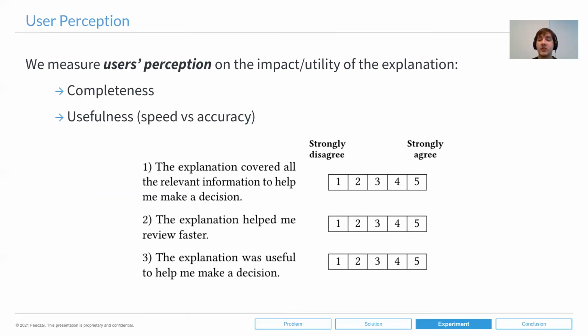We measured the users' perceptions also through questionnaires, and we wanted to see the opinion of the users on the completeness of the explanation, if it had all the information that was relevant for that decision, and the usefulness, either in time or in accuracy. So we asked if the explanation was helpful to make a faster review, and if it was helpful for making the review decision at all.